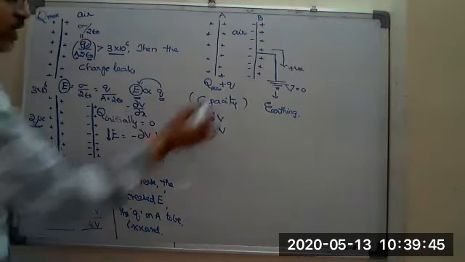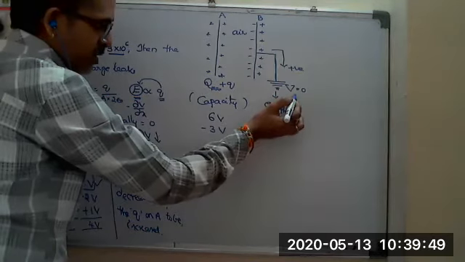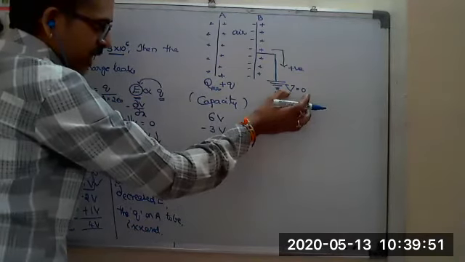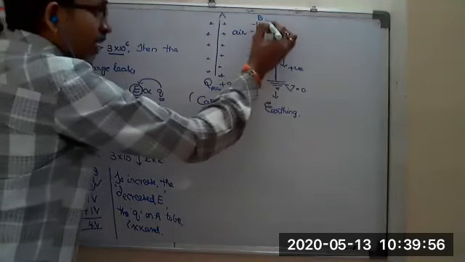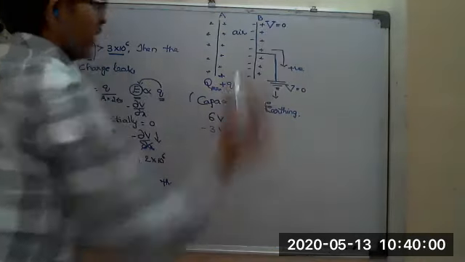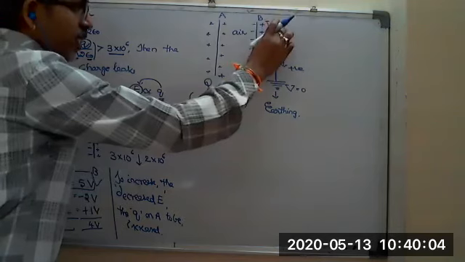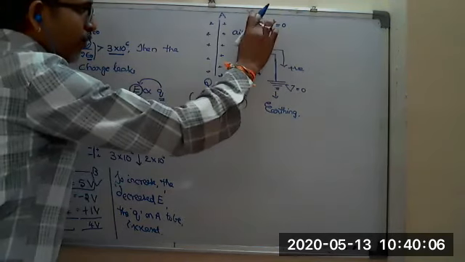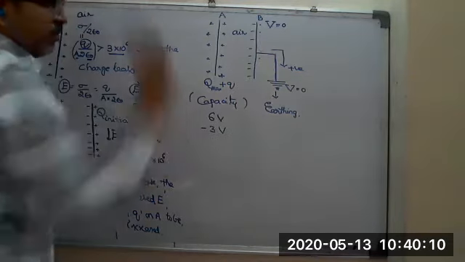So if the farther side is connected to the earth, what happens? Earth is at 0 potential. That's why it takes the charge until the potential on the farther side equals 0. The farther side potential will be 0 when this total charge flows to the earth.